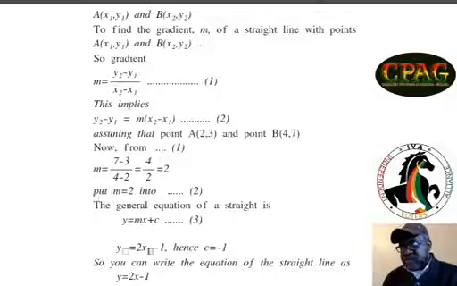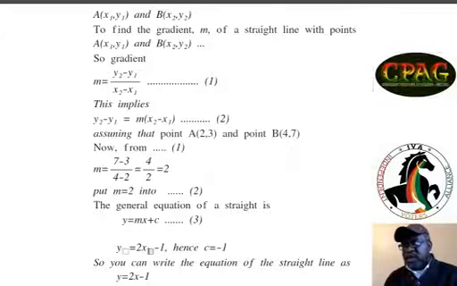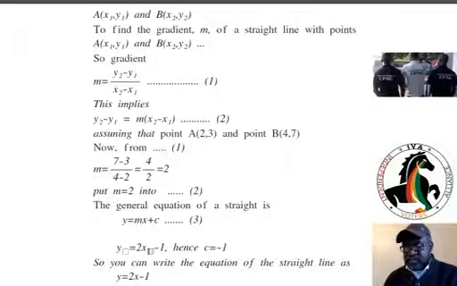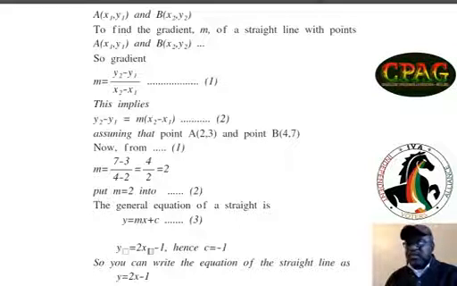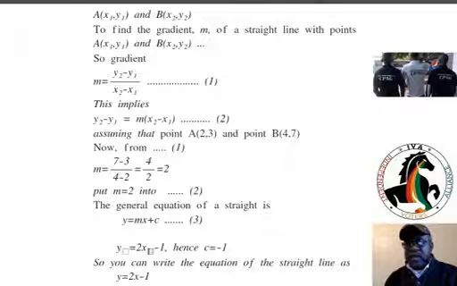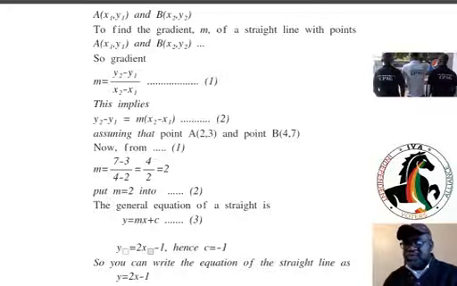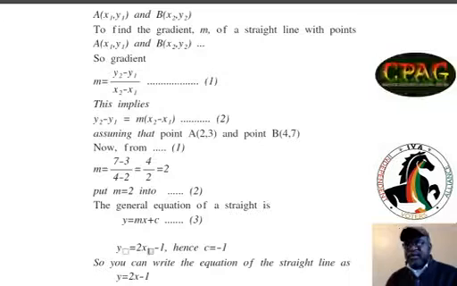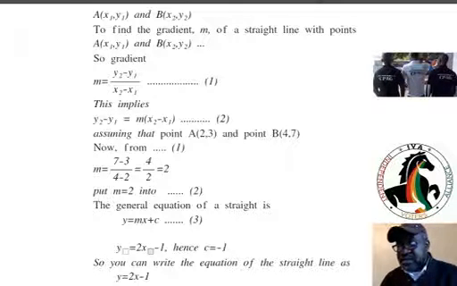Equations of straight lines are in the form y is equal to mx plus c, as a universal standard. This is what you work with. At the O level, all that you need to know is y is equal to mx plus c, where m and c are numbers.